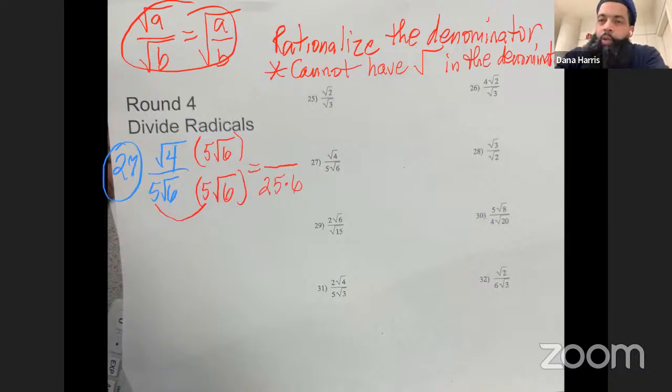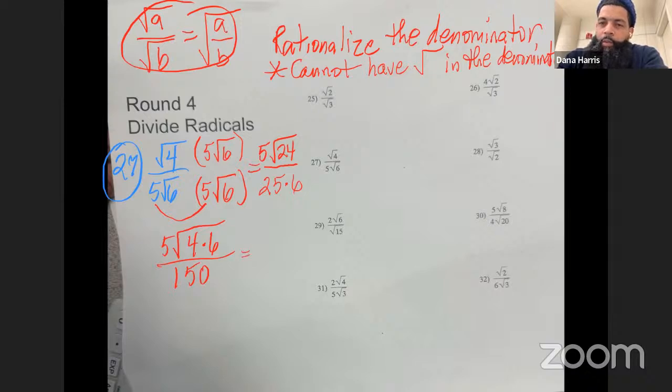Okay, so on the top, I have 5 on the outside, square root of 4 times the square root of 6 is the square root of 24. Okay, now for the square root of 24, I could say that is 4 times 6. So technically, I have 5 times the square root of 4 times 6 over 25 times 6 is 150.